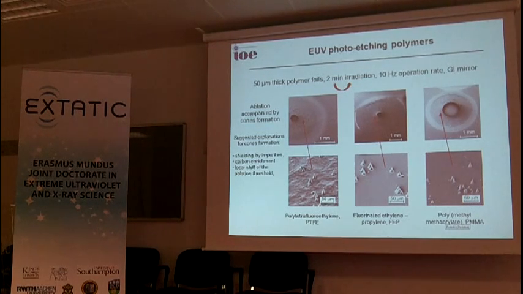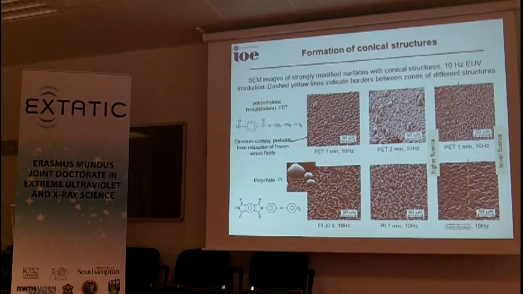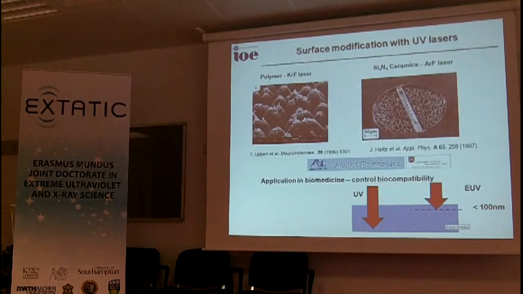Probably it is because of shielding of EUV light by impurities which exist in the polymer. These conical structures can be changed by proper arrangement of the irradiation, by changing the flux, and also it depends on the material.